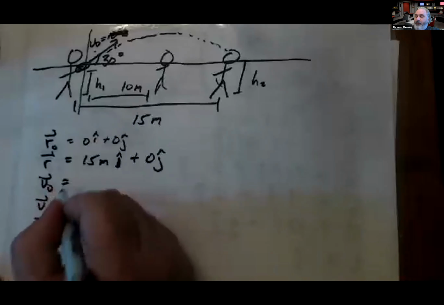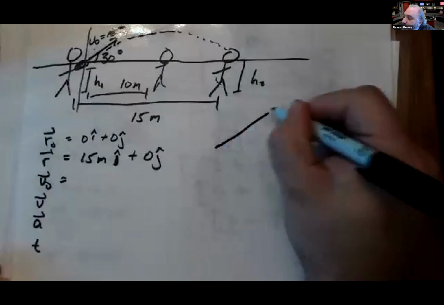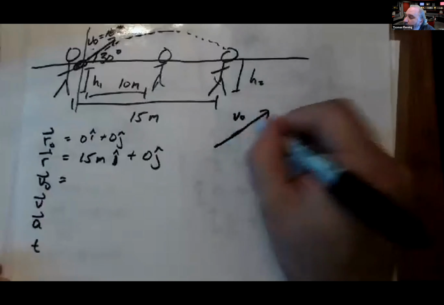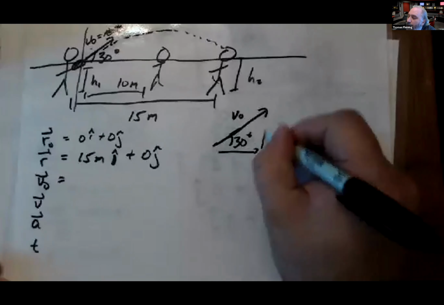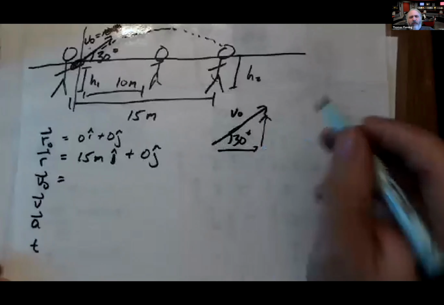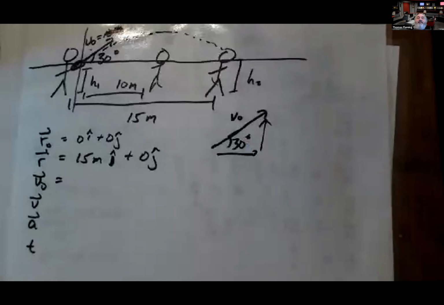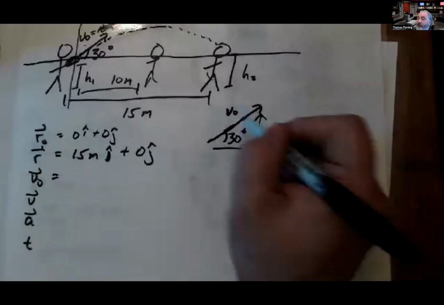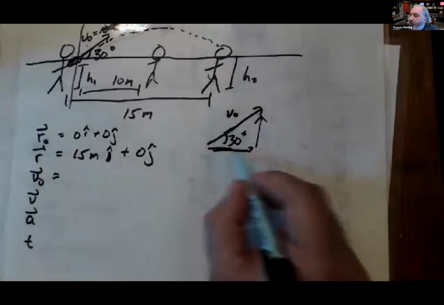Now, what about V initial? Well, this is annoying because I don't know what V initial is. Before we had a number, 10, right? But now I've got this stupid, I don't know how long arrow making a 30-degree angle. It's got to have an X component and a Y component. How do I split that into parts when I only know an angle and nothing else? Well, when in doubt, just assign a letter to the thing you're trying to solve for. I'm trying to solve for V initial. And I know that no matter what, this part right here is the adjacent part of the triangle.